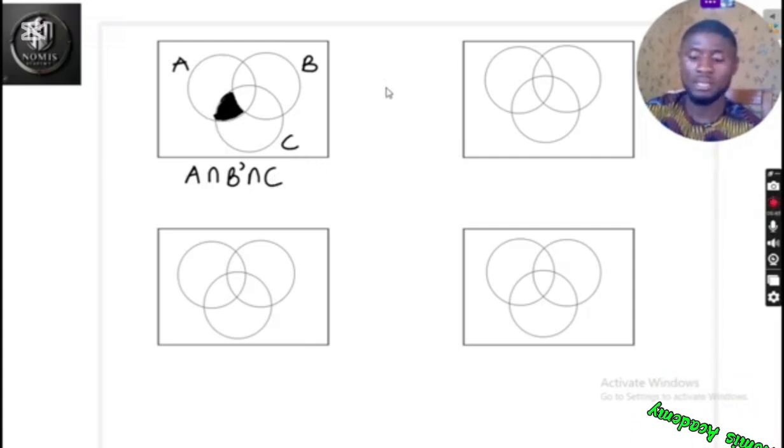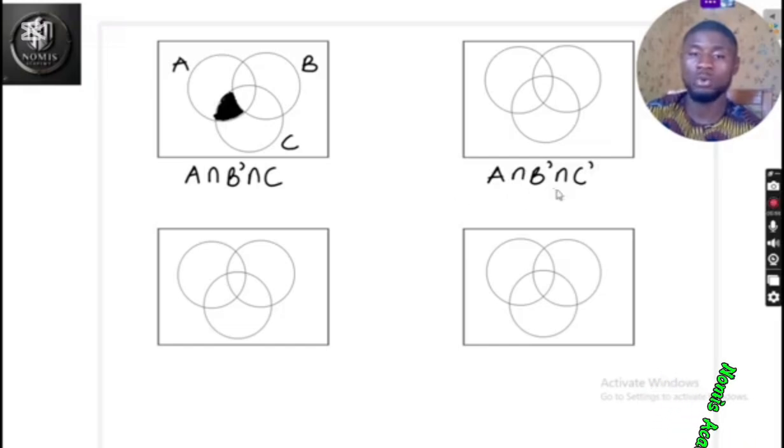So let's take another one. Let's take A intersect B complement intersect C complement. In this case, we have complement on two of the sets.